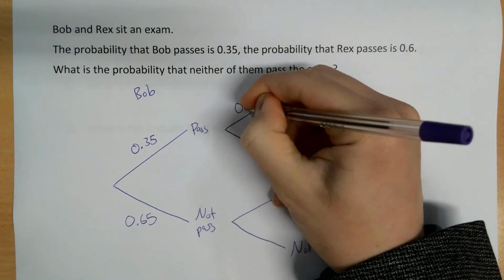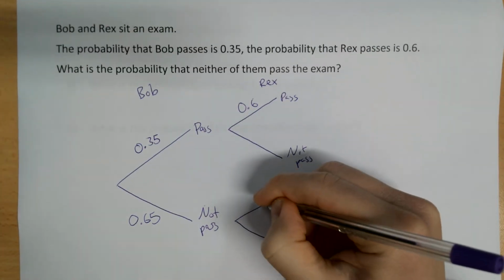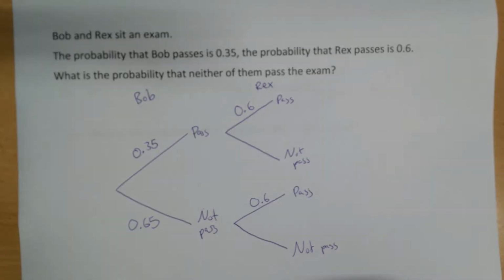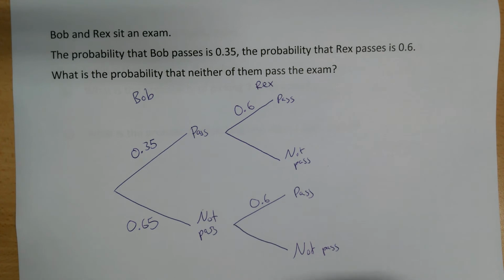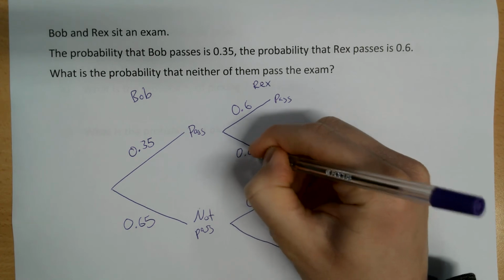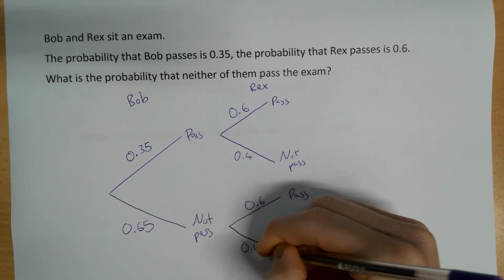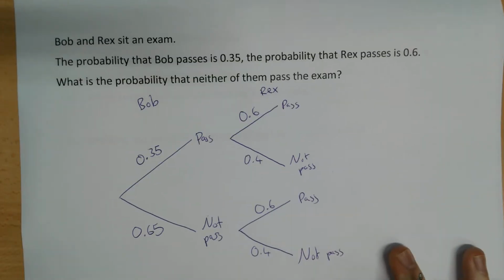So Rex passing here must be 0.6, and Rex passing here must be 0.6. And Rex passing or not passing has to add up to a whole, because it's certain that one of them is going to happen. So it's going to be 0.4 here and 0.4 here.